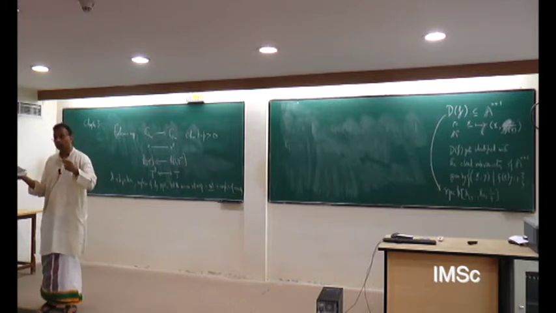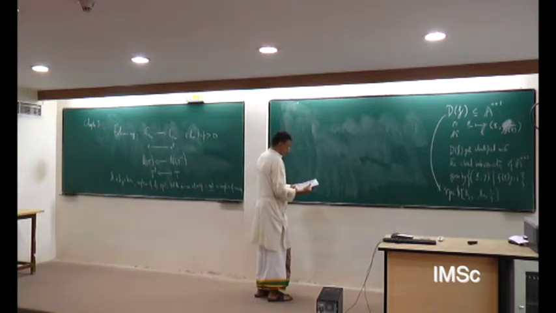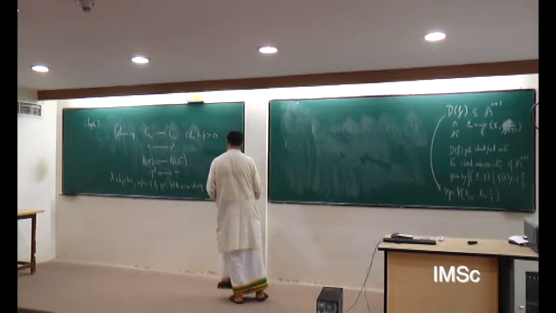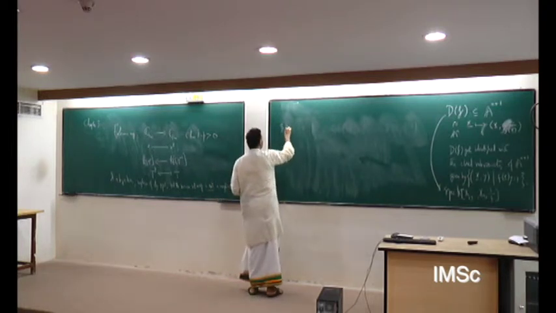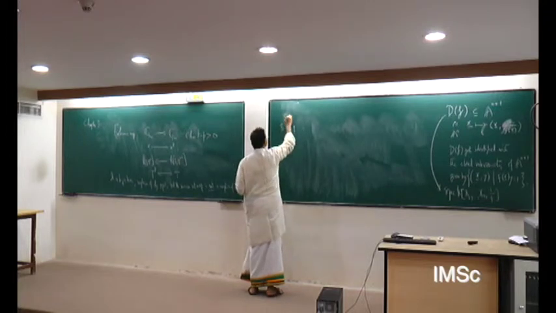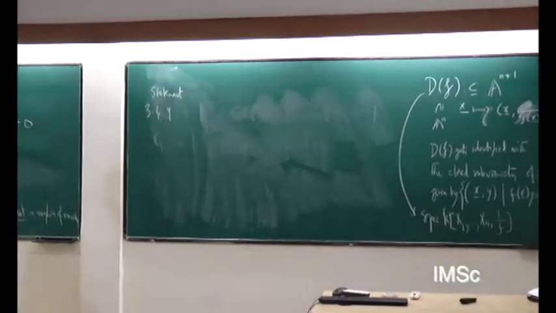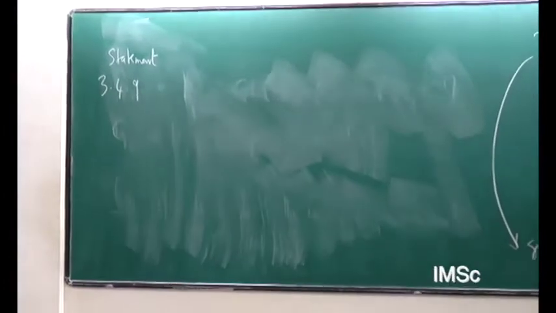The next thing is connected algebraic groups of dimension 1. So let me state 3.4.9. As I said, we are not going to prove this because the proof involves a lot of technical detail.